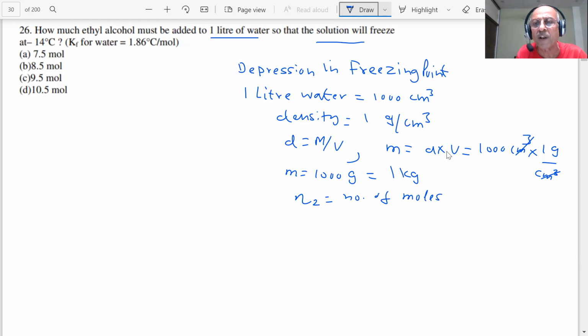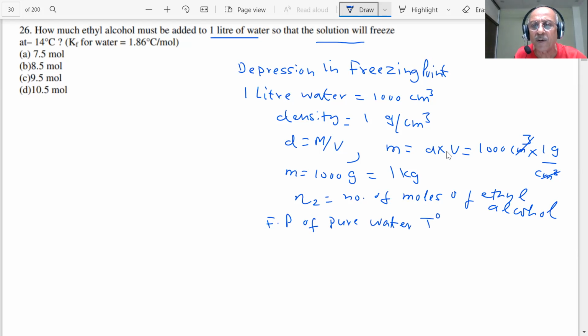If N2 is the number of moles of ethyl alcohol which should be added, because when a non-volatile solute is added, there is a depression in freezing point. What is the freezing point of pure water? It is known to you, T0F, 0 degree Celsius or 273 Kelvin.